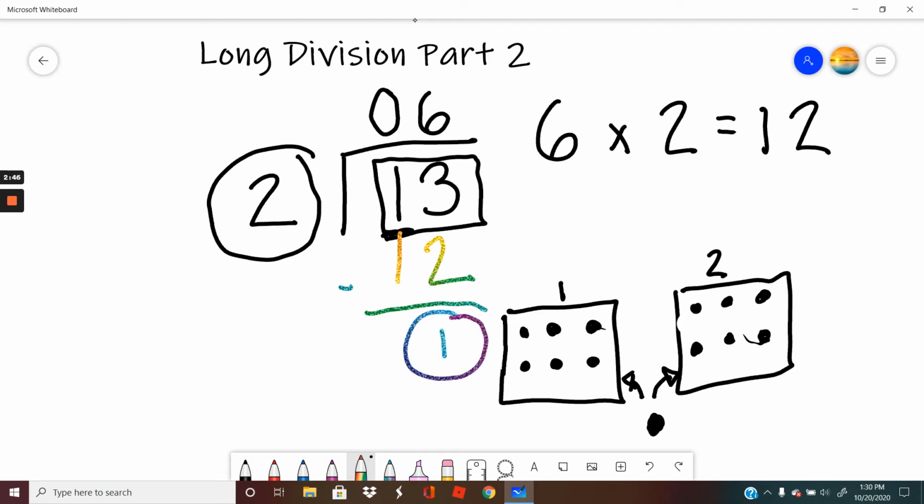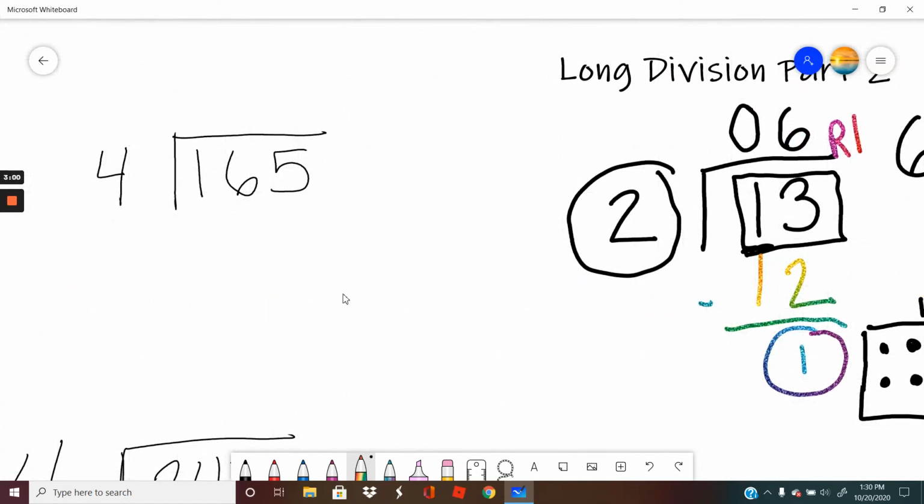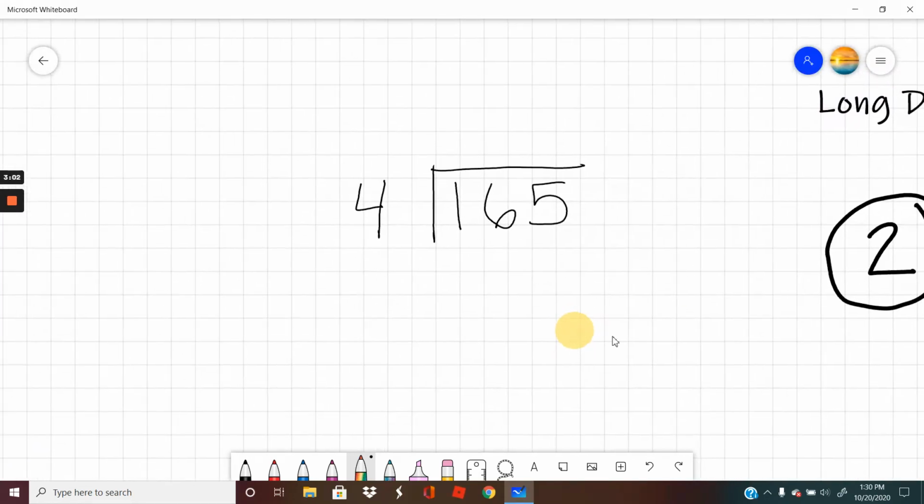So now we have 165 divided by 4, written like this. And we start at the beginning like we have done every other problem.